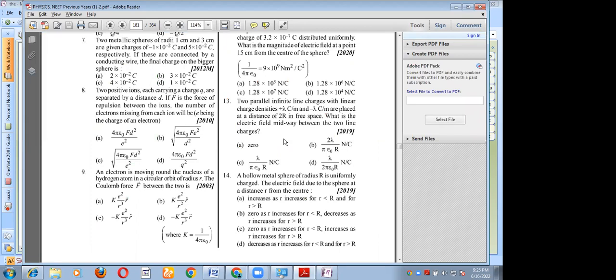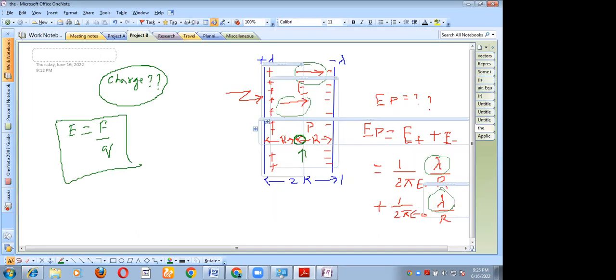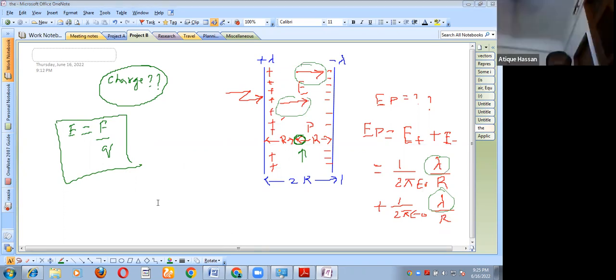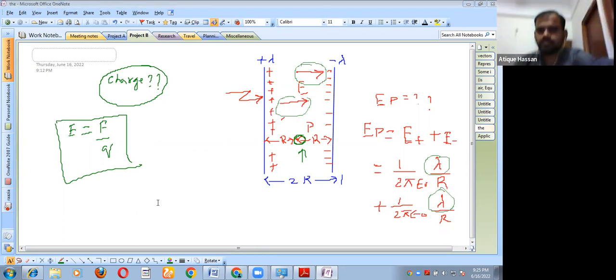So here we don't have to consider sign, we have to take only magnitude. Since we have considered the direction, the sign has already been considered. So here we don't need to take sign, we only have to take magnitude.